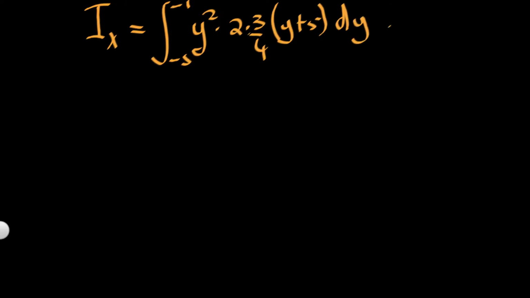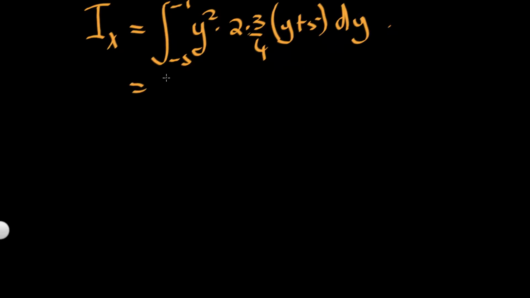Now we have done something here. We now have y here as the only variable, and we are integrating with respect to y. This is what we need if we're going to do this integration.